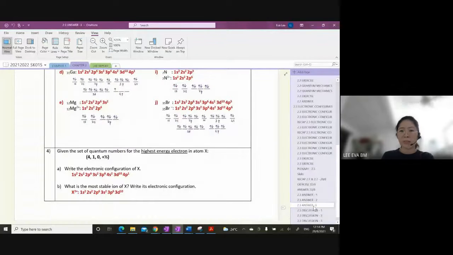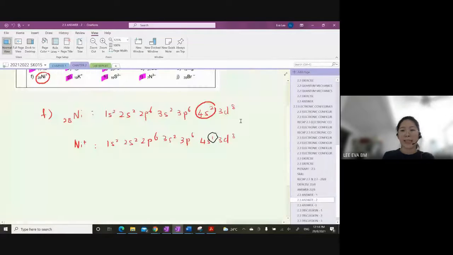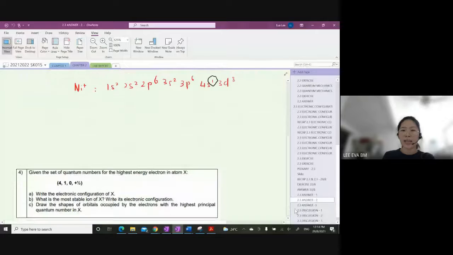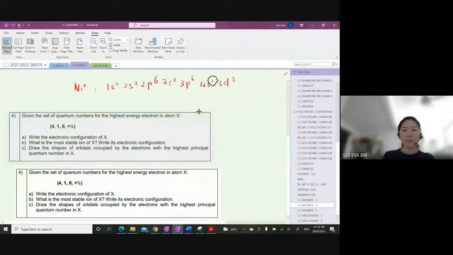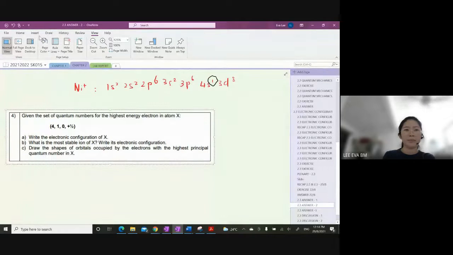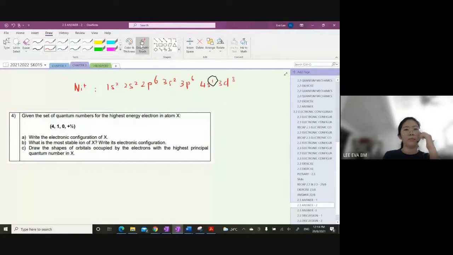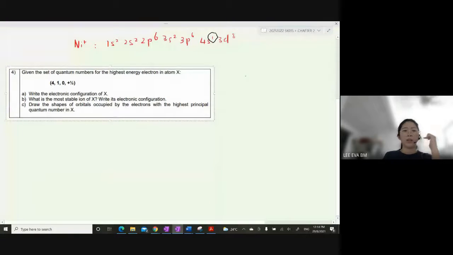Okay, so madam nak tunjuk soalan yang keempat. Soalan ini soalan exam. So let's see over here. Given the set of quantum numbers for the highest energy electron is 4, 1, 0, positive half, write the electronic configuration of X. What is the most stable ion of X?